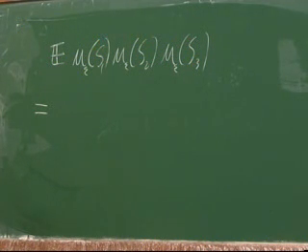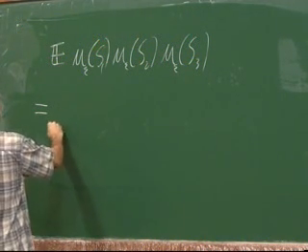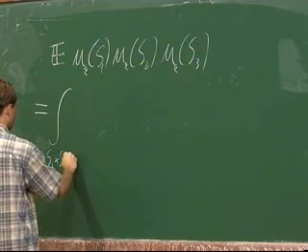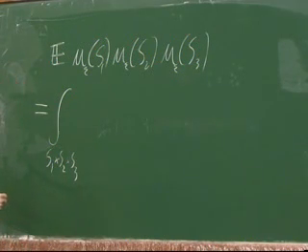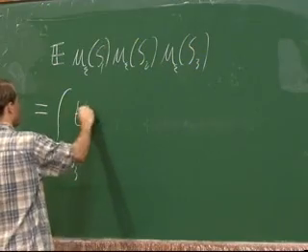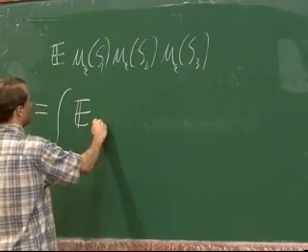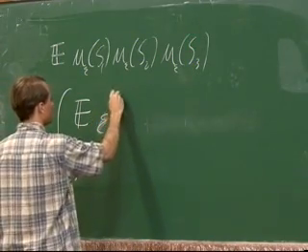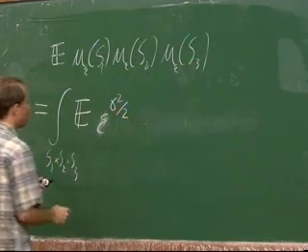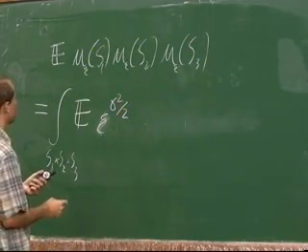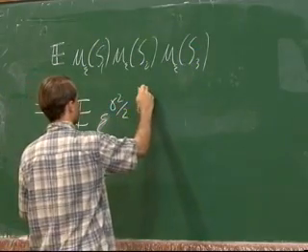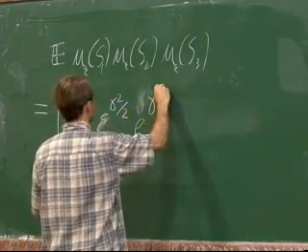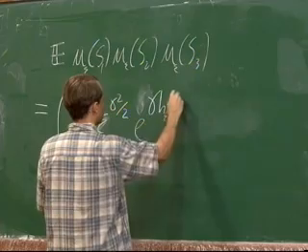Actually, what we're going to have is an integral over S1 times S2 times S3. And then we'll have this expectation of epsilon to the gamma squared over 2 times e to the gamma h sub epsilon x.